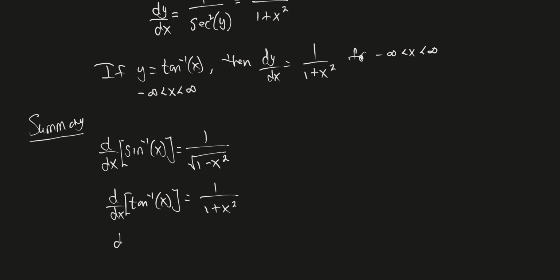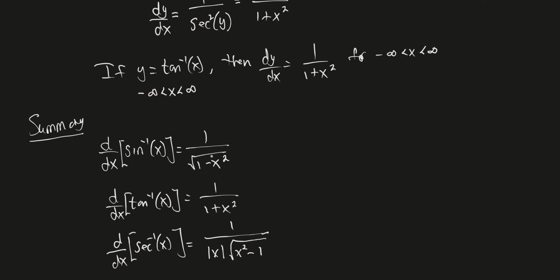Now, the derivative of arcsecant, again, is not necessarily a function that you use a lot, but it is a derivative that we have to know. And when you look at it, it seems to be the most complicated of the 3. In the denominator, you have an absolute value of x, and then the square root of x squared minus 1.